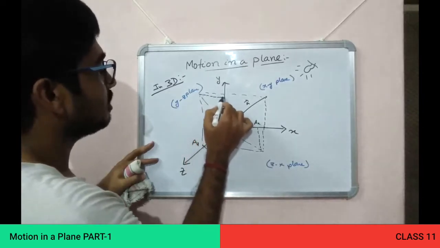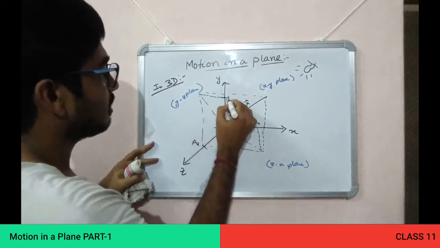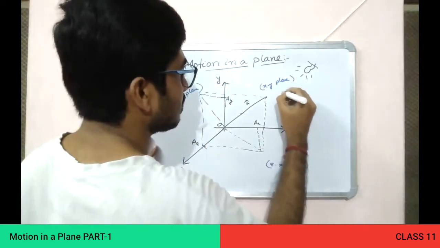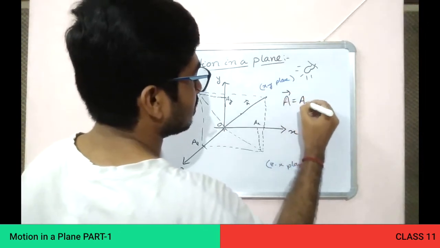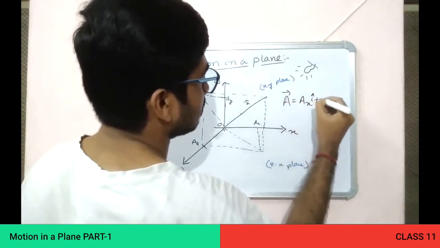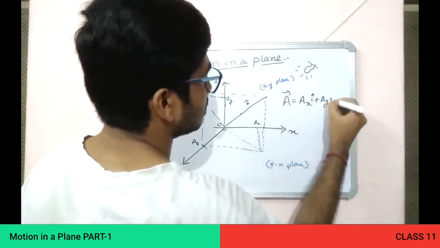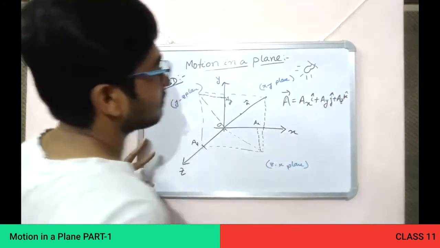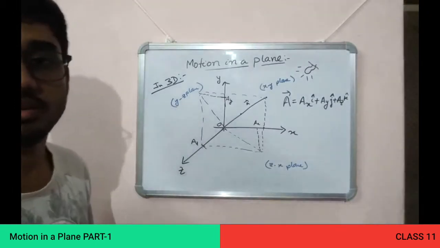Here also there will be a plane, this is Y. So A is written as AX i plus AY j plus AZ k. This is in three dimensions.